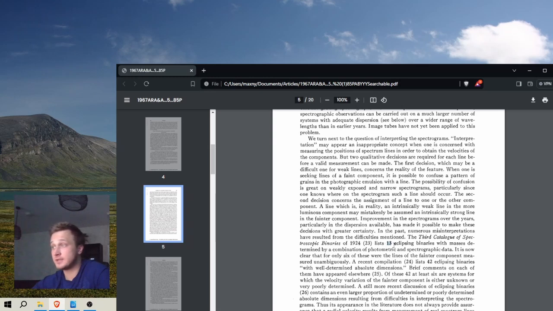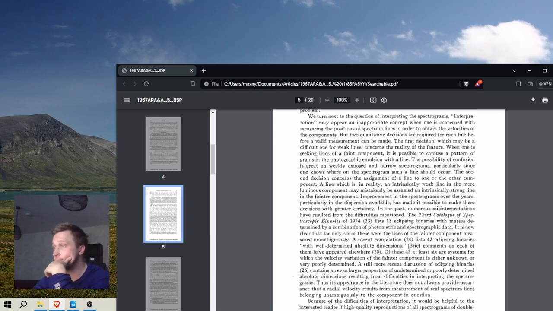Okay, so there are 13 eclipsing binaries discussed in this catalog, but after further examination, it was clear that for 7 of these they had taken some of the lines that actually corresponded to the stronger component to come from the fainter component.